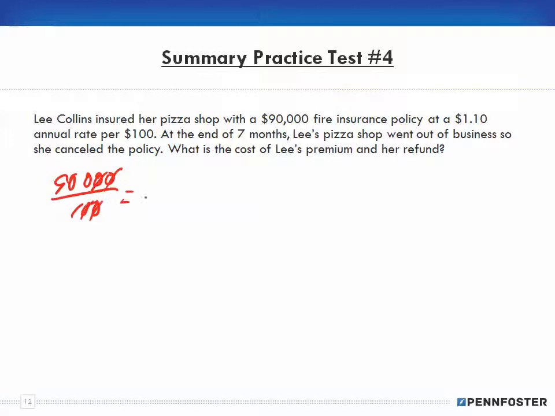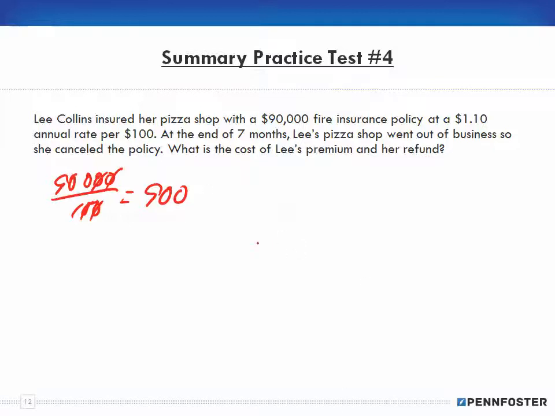Okay, so that's 900. And at the end of 7 months, Lee's Pizza Shop went out of business, so she canceled the policy. So what is the cost of Lee's premium and her refund?